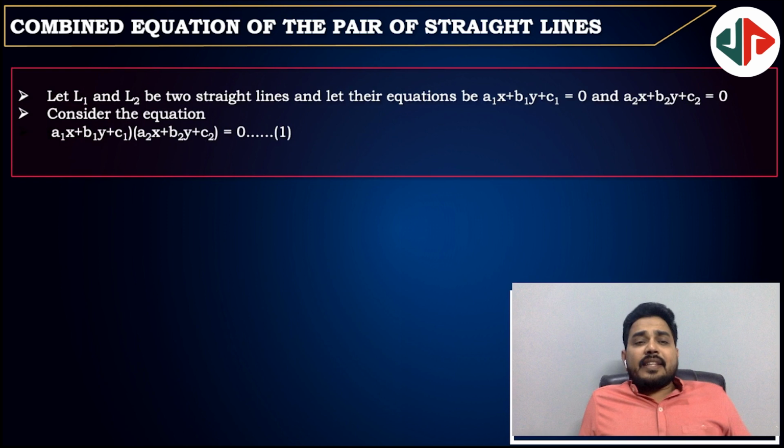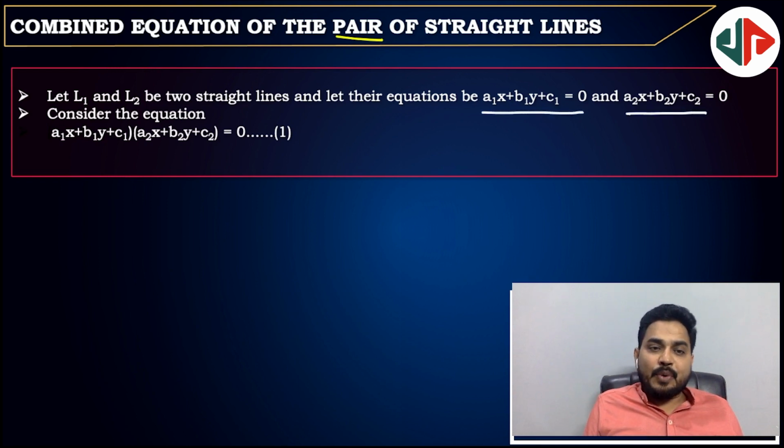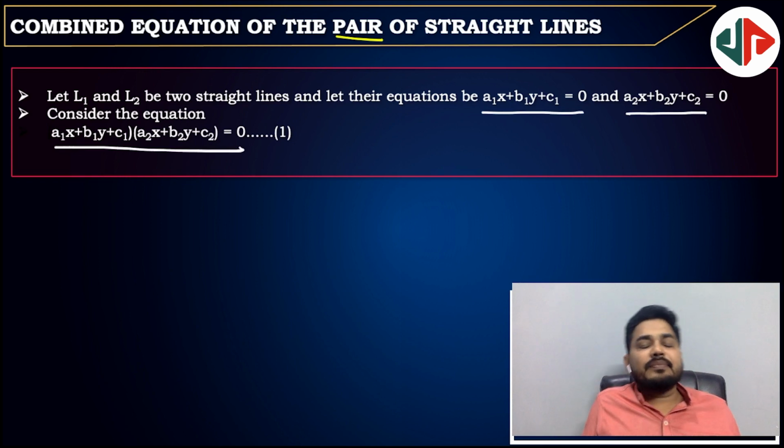So what exactly is a pair of lines? In the name itself, they are talking about a pair, meaning two lines. The product of two lines, L1 is this and L2 is this, the product of these is a pair of lines. Actually there are two types.